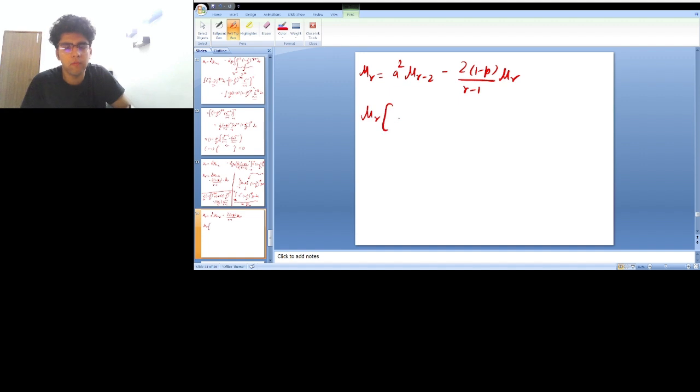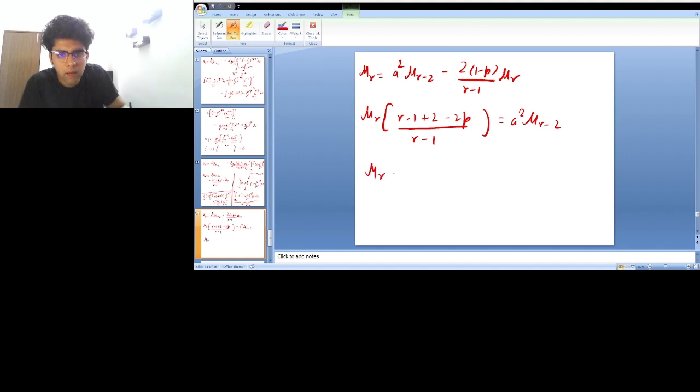So this will give me mu r, taking mu r common, this will give me r minus 1 plus 2 minus 2p divided by r minus 1 is equal to a square mu r minus 2, right? So this will give me mu r, this is r minus 1 plus 2, r plus 1 minus 2, so this will give me minus 2p.